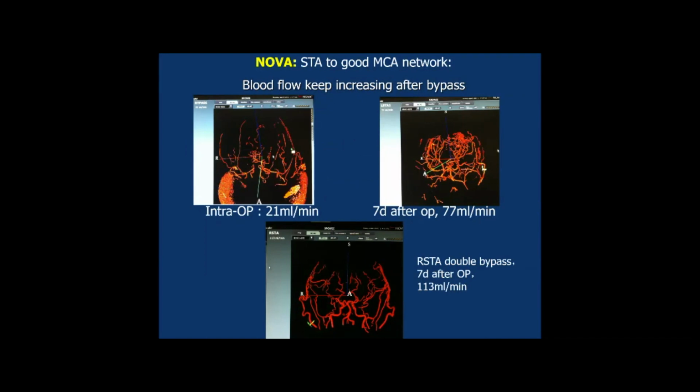But after 7 days, this bypass increased to 77 milliliters per minute. And in the double bypass, like this patient, after 7 days, it's already 130 milliliters per minute. It can almost recover all the MCA blood flow.